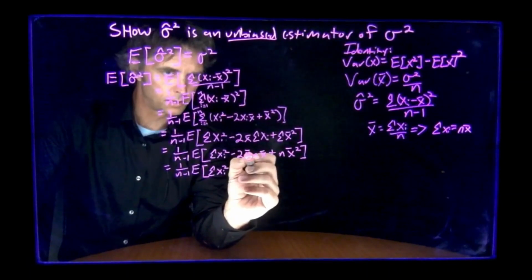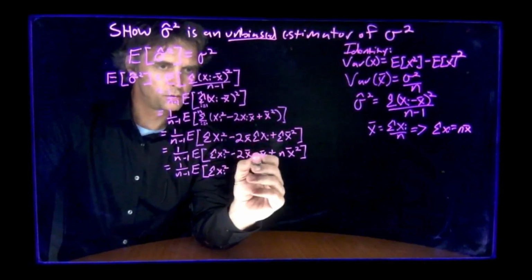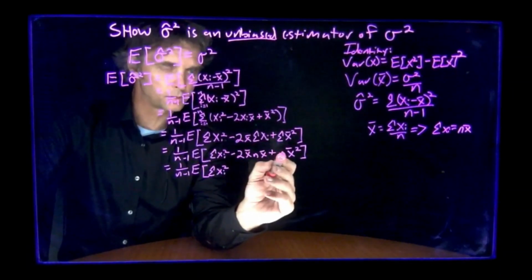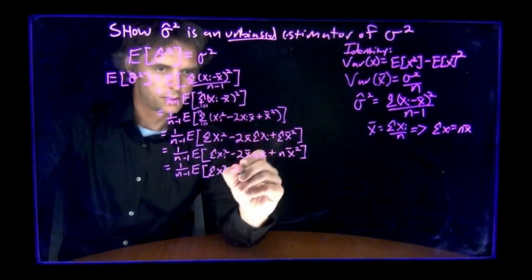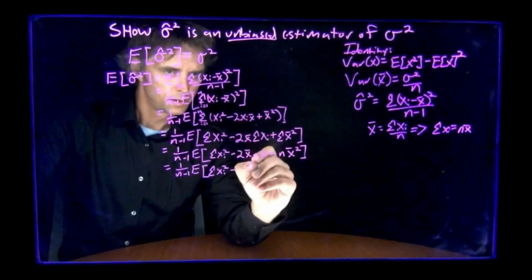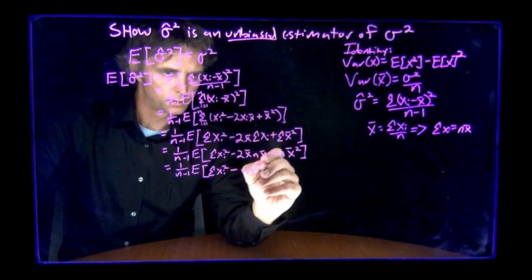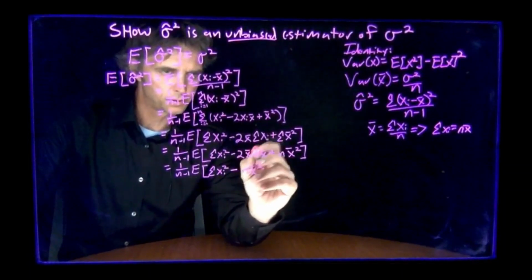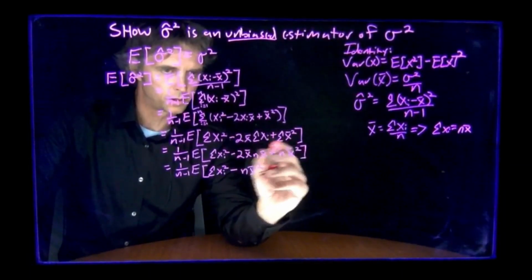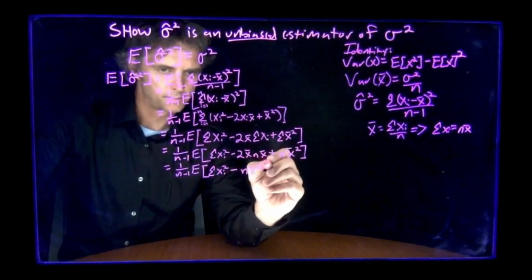So that's minus 2 n x bar squared, and that's plus 1 n x bar squared. This is going to leave us with minus n x bar squared. There's 2 n x bar squareds here, there's 1 n x bar squared here, so that's going to leave us with minus n x bar squared.